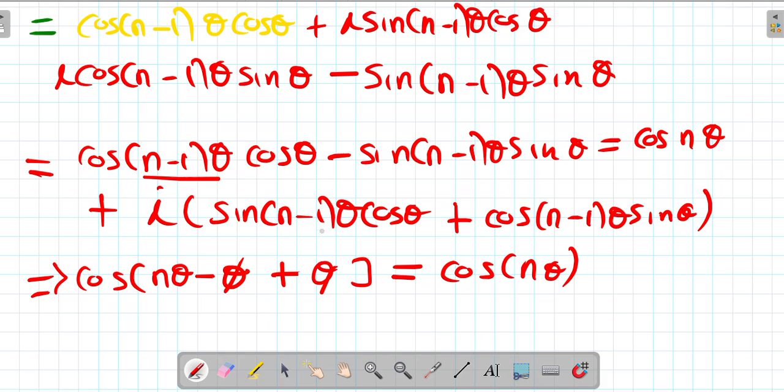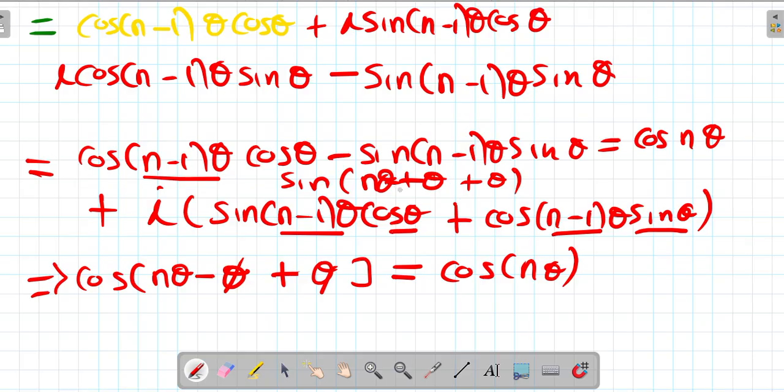We're also going to show this part is equal to sine n theta. It's also very simple. This is the first angle, this is the second angle, this is the first angle, and we've got sine cos, cos sine. This means that this is sine of (n minus 1) theta plus theta, so this is none other than sine n theta.